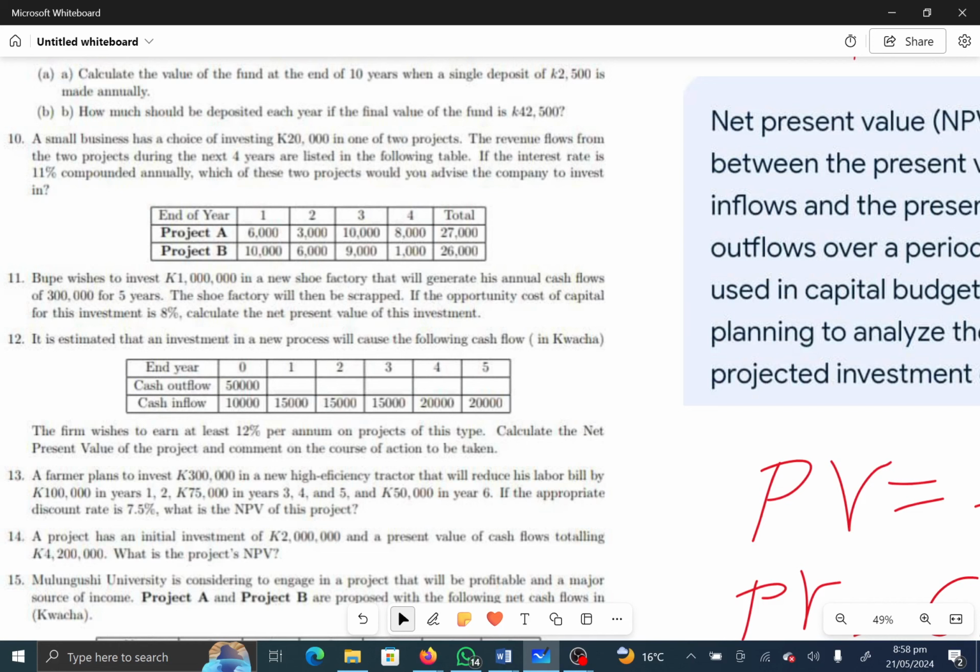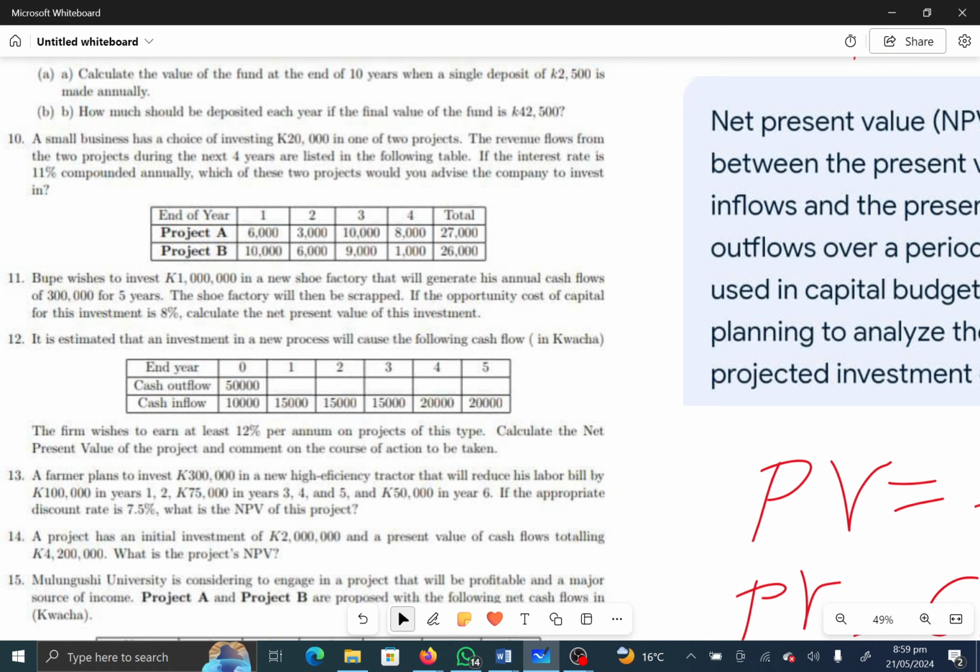This small business was trying to analyze which project would be profitable to invest in, between project A, which promises the following cash flows in 4 years' time, or project B, also promising the following cash flows. So we are to choose and advise which one would be profitable to invest in.